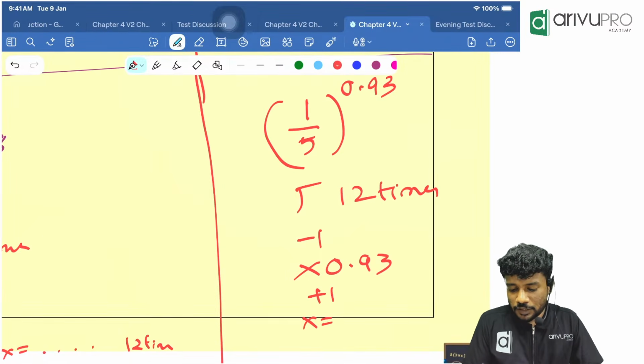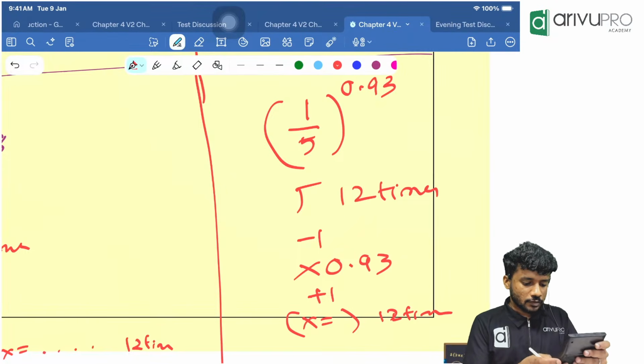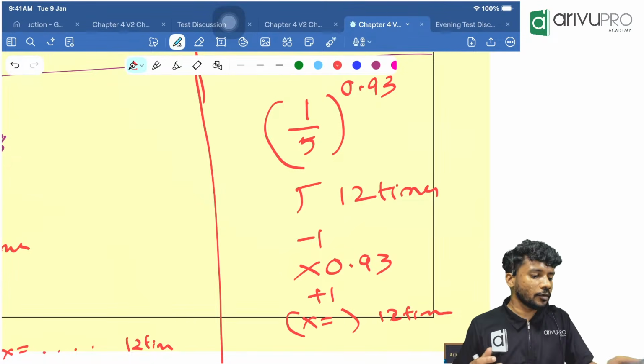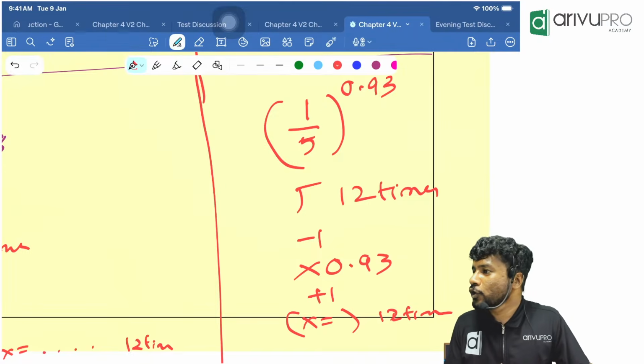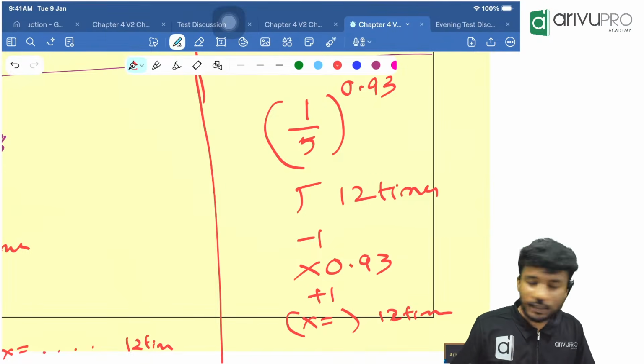Then equal to, 12 times we are going to click that. 1, 2, 3, 4, 5, 6, 7, 8, 9, 10, 11, 12. How much did you get? 0.2238. Correct answer.